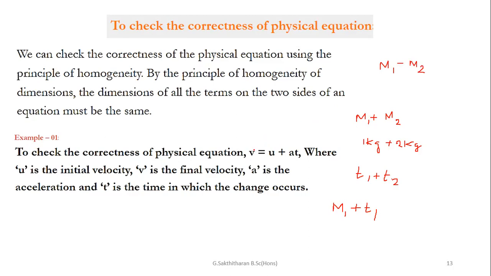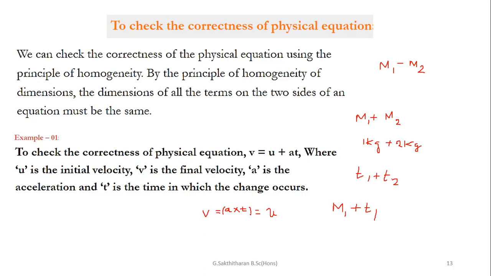So here, v equal to u plus at. The multiplication of a and t must be equal to the physical quantity of u, and also equal to the physical quantity of v.